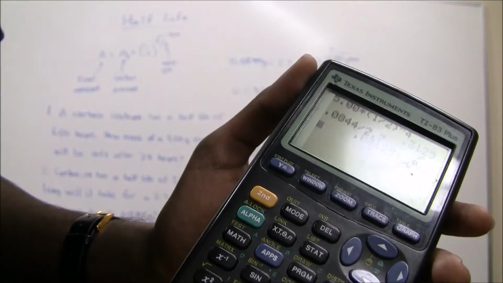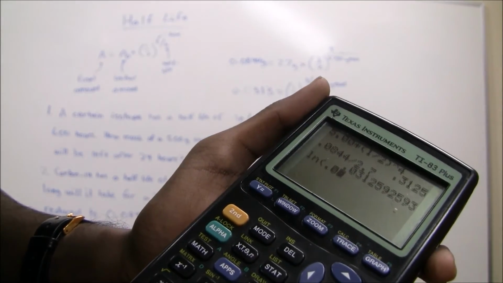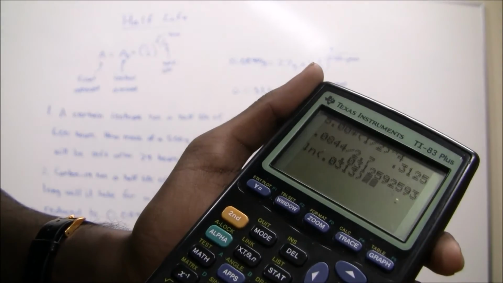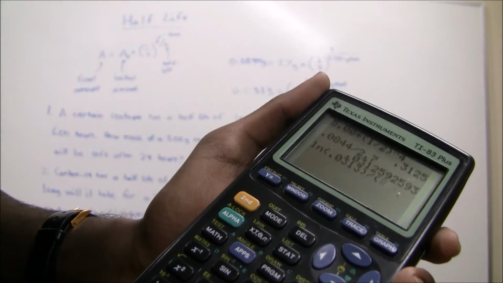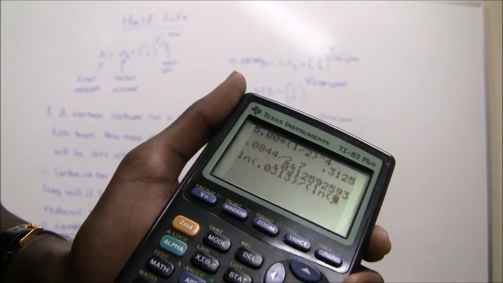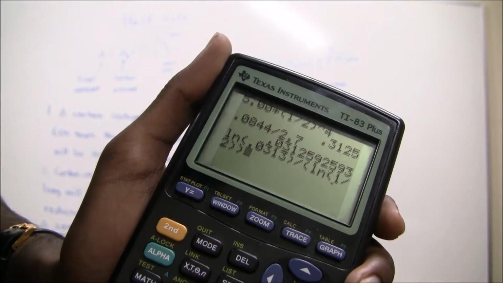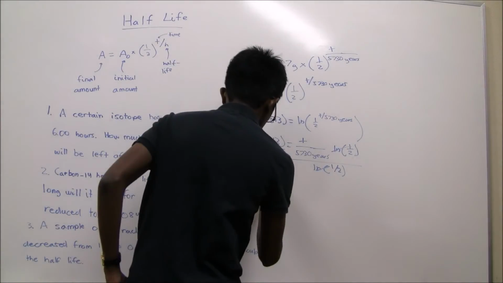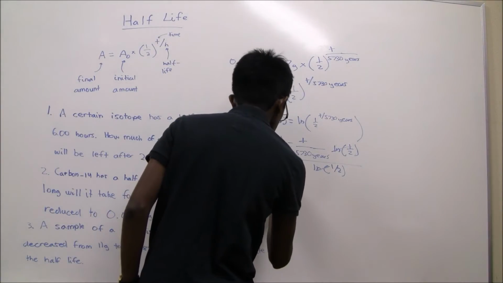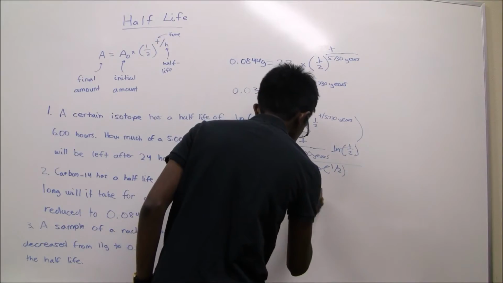So I'm going to go ahead and type that in, the natural log of 0.0313 divided by the natural log of 1/2. So that's giving me 5. 5 equals t over 5,730 years.